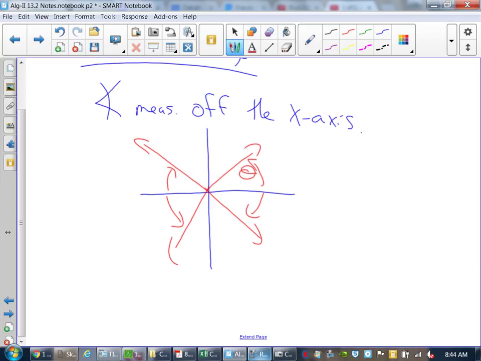By doing that, any angle that's placed in the first quadrant has 3 other reference angles within 1 revolution. What happens is this.